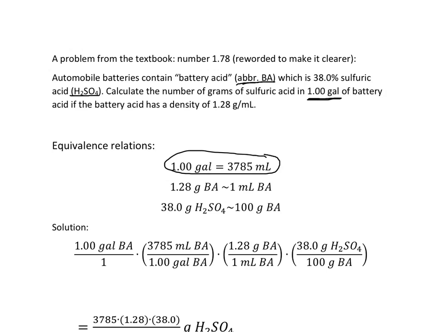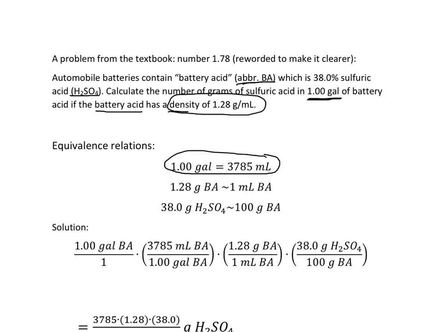Okay, next, the other thing I'm given is density, 1.28 grams per milliliter. Now, what is this the density of? This is the density of battery acid. Remember, the battery acid is a solution, a mixture of sulfuric acid and something else, and that something else is water.